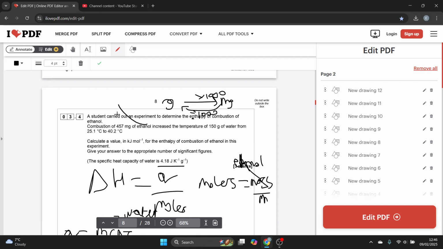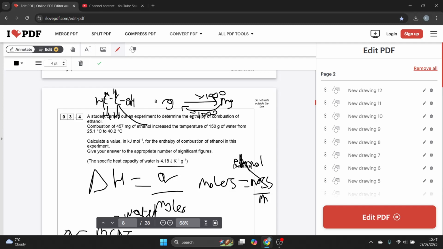and again I'm going to have to work that out. Well, ethanol: methane, ethane, and then your OH, so C2H5OH.